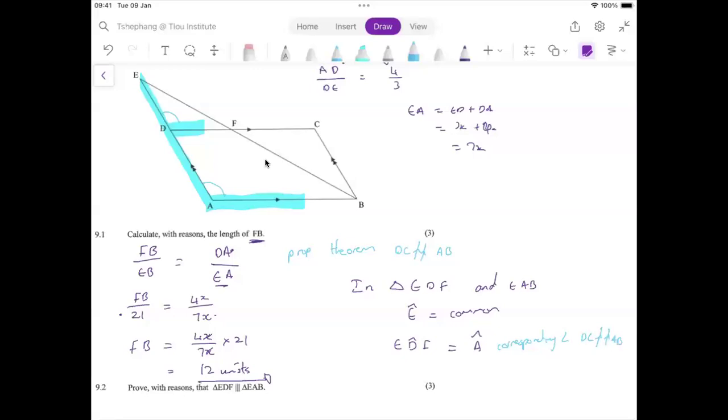Okay, now what else can we say? We can say that angle EFD is equal to angle FBA.